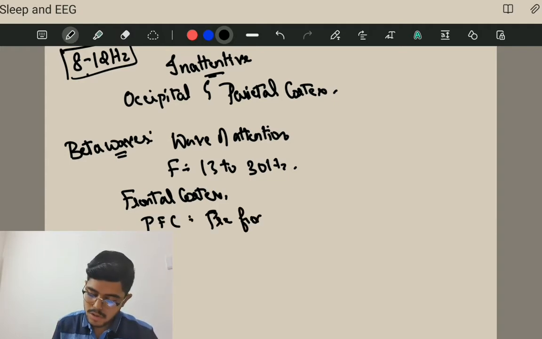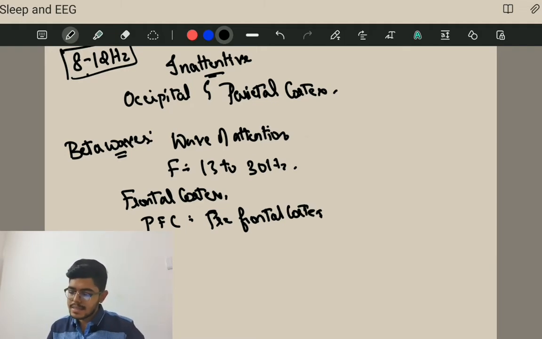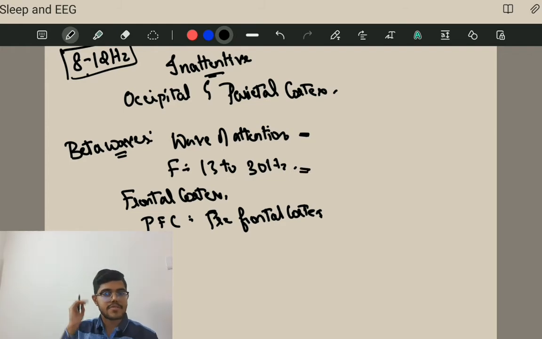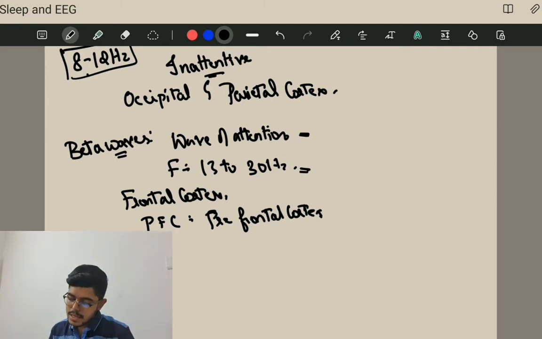So only 2 points: it is the wave of attention, and the frequency is 13 to 30 hertz, mainly from the frontal cortex or the prefrontal cortex. Next we'll move on with the theta waves.